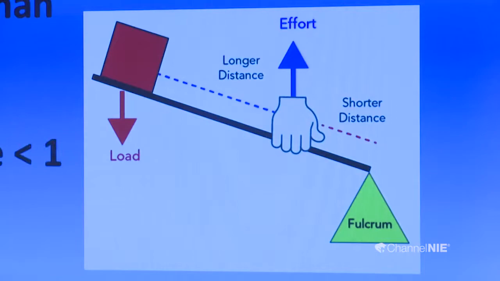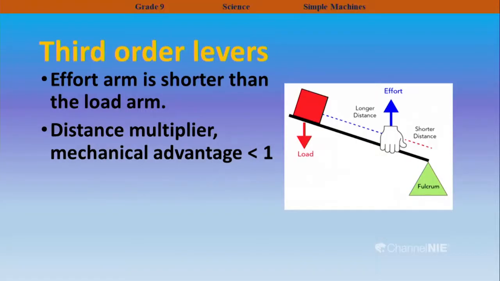So, in this case, it is a distance multiplier, because the load is moved a much longer distance than the effort, but the mechanical advantage is less than 1.